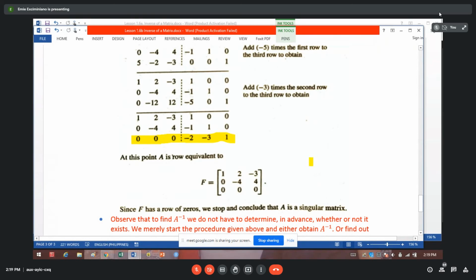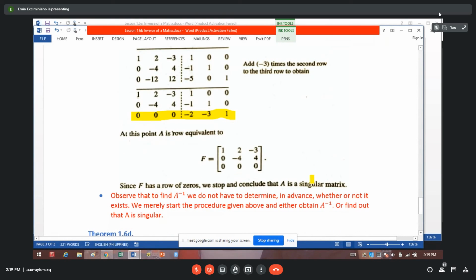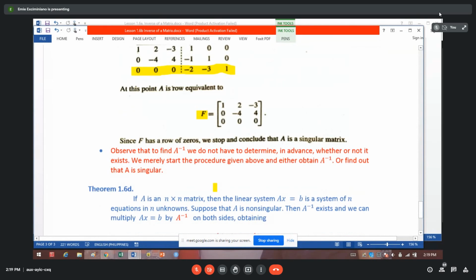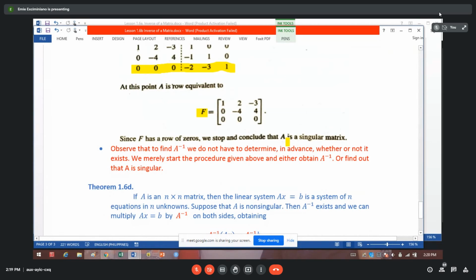So, dahil may 0, 0 entry sa last row, that is our F. So therefore, we can conclude that A is a singular matrix kasi inconsistent na yan. Hindi kasi pwedeng mawalan ng value yung isang variable.